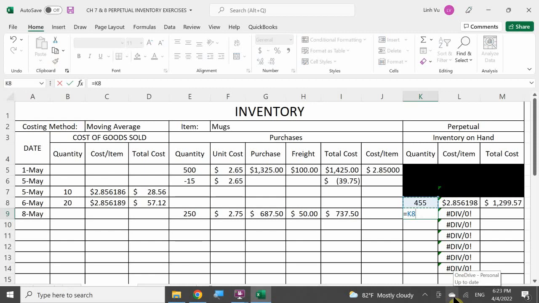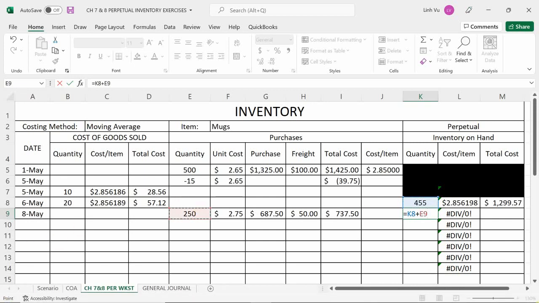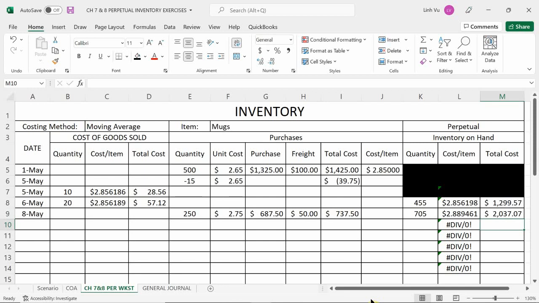Because now, right, I need to solve for my new average cost per item because I just increased my inventory. So I have 455 units left. I'm going to add 250 to it to give me a total of 700. Okay? And I'm going to add my new totals to get me a grand total of $2,037.07, which, because my inventory cost went up by 10 cents, right? I went from 2.65 to 2.75, it should roughly increase your cost per item.